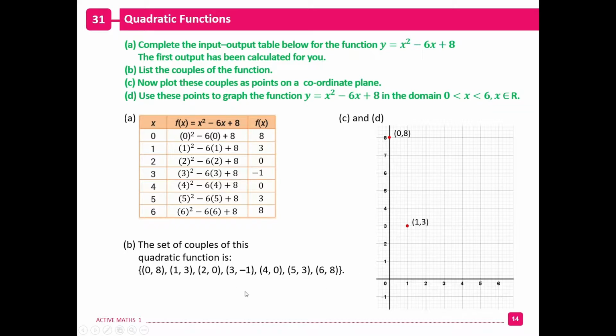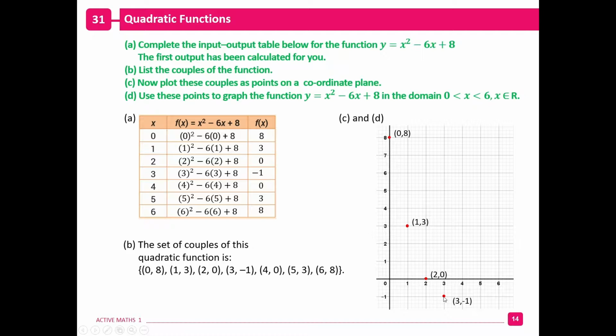Next point is (2, 0). So again, from 0, we move 2 spaces in the positive direction for x, and we don't move anywhere at all for the y, so it's this point here. Our next point is (3, -1). So 3 on the x, -1 on the y.